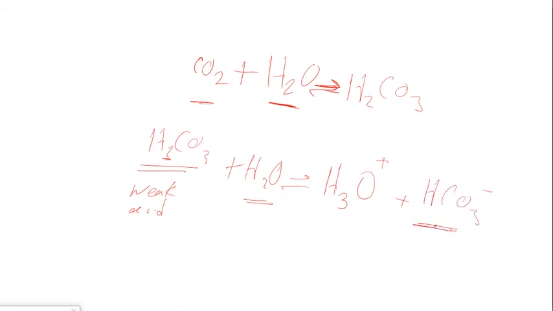The HCO3 minus in that case can further accept any proton from any component in the blood to form again a weak acid. So it's like a reversible reaction that maintains the pH in our body at a constant value.